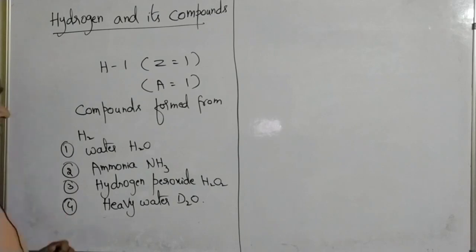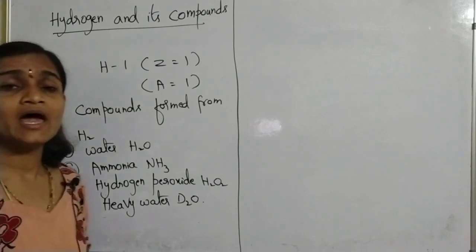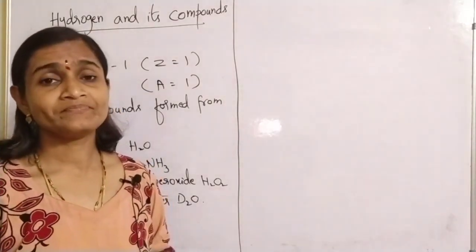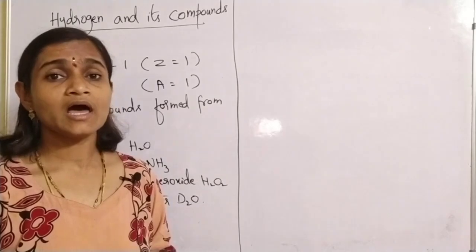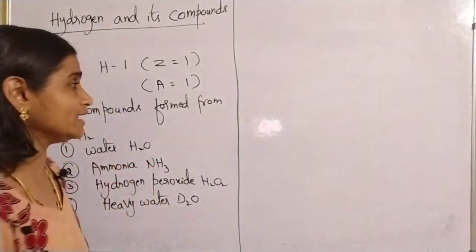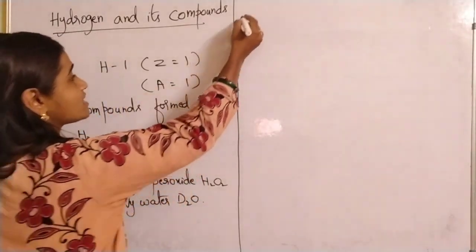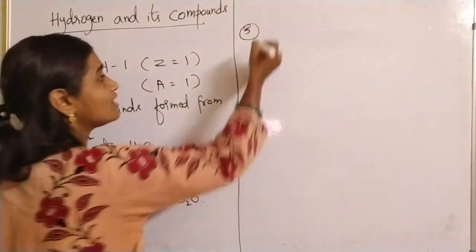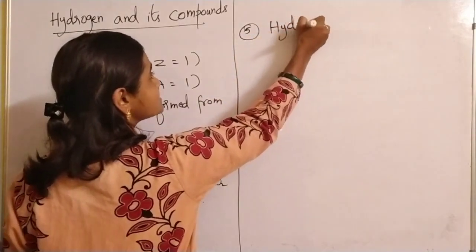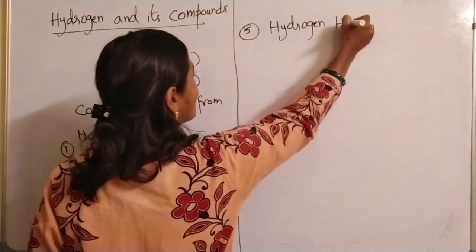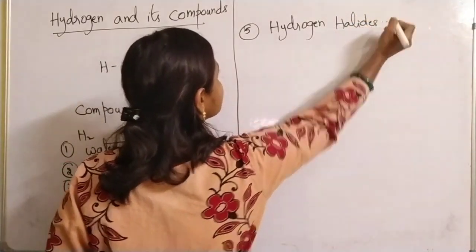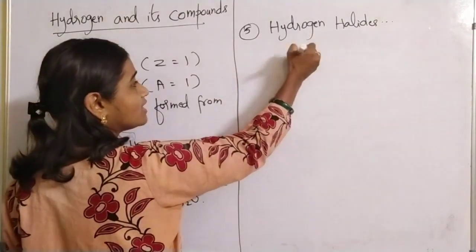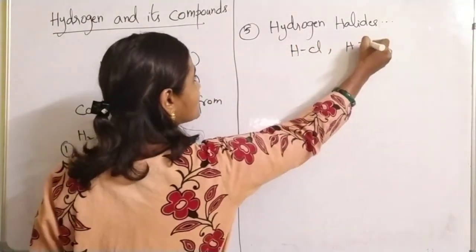About this type of compounds, and halides of hydrogen also we have, that is hydrogen halides, like HCl, HF, HBr.